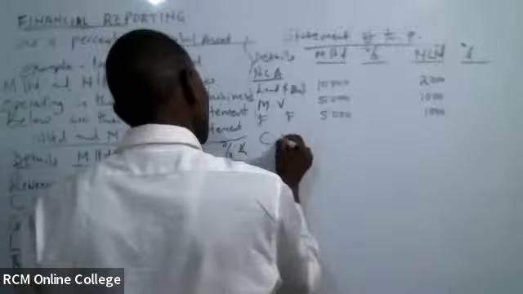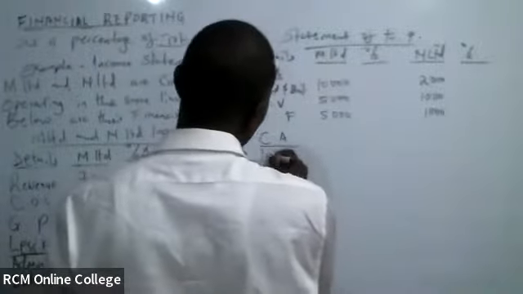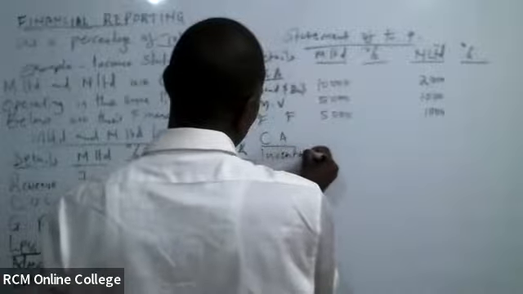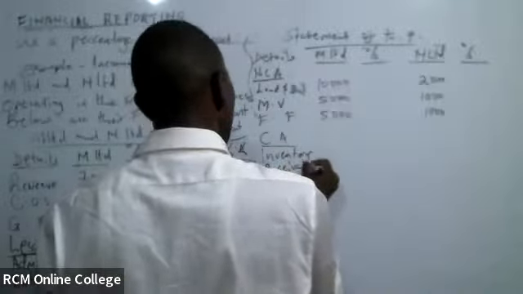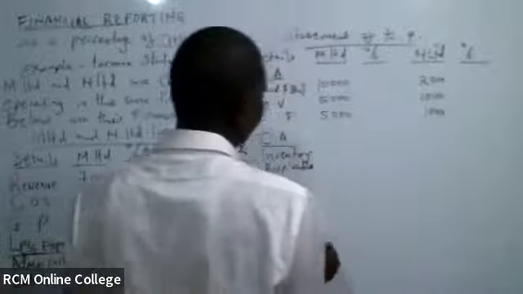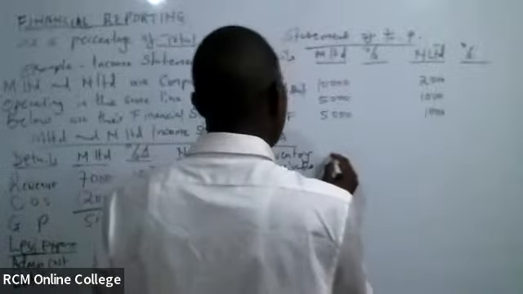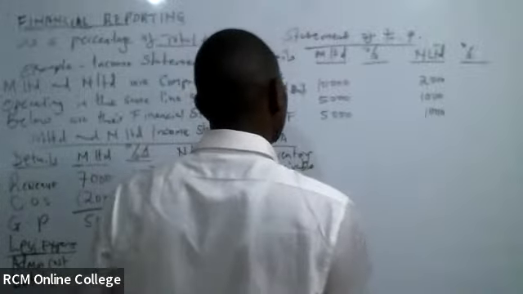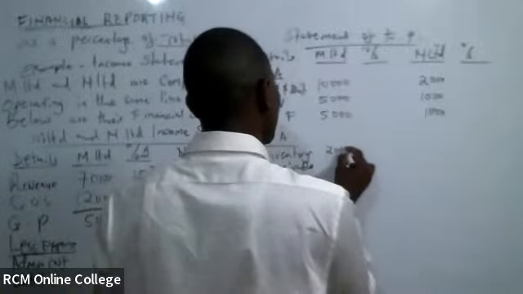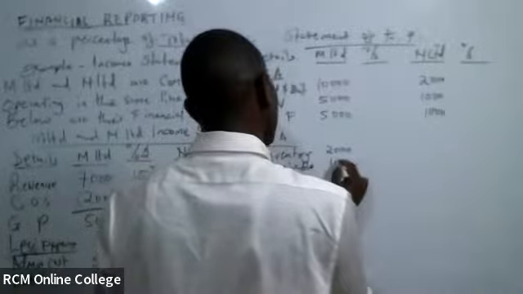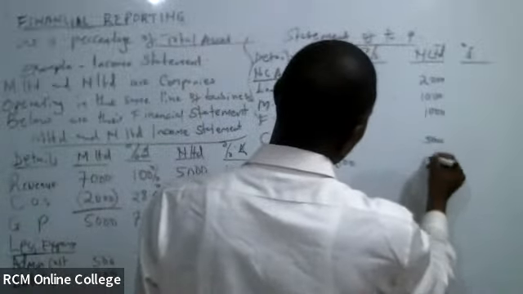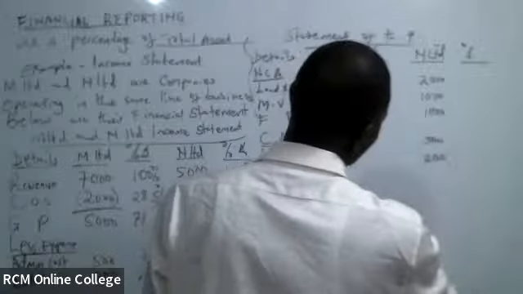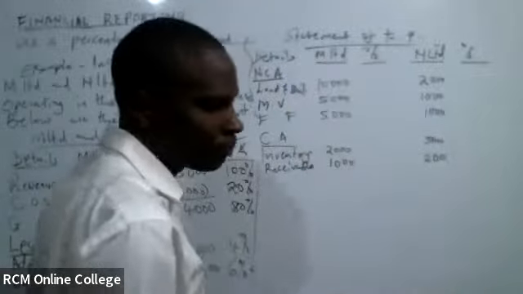Current assets. I have inventory. I won't have cash, only receivable. So I put 2,000, 1,000, here I have 500, 200.